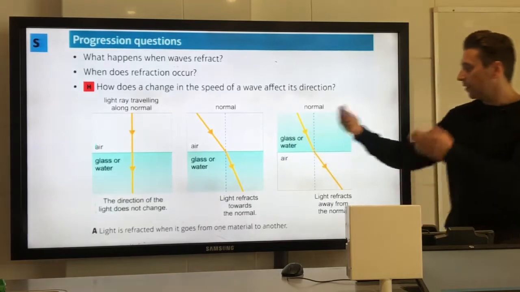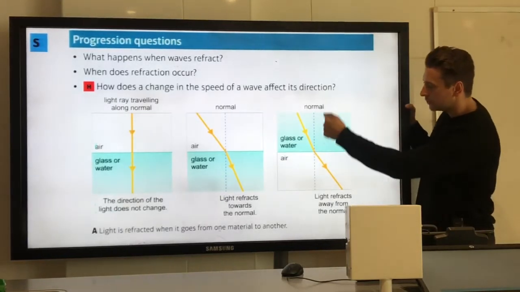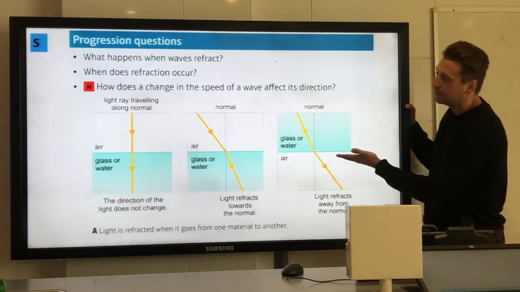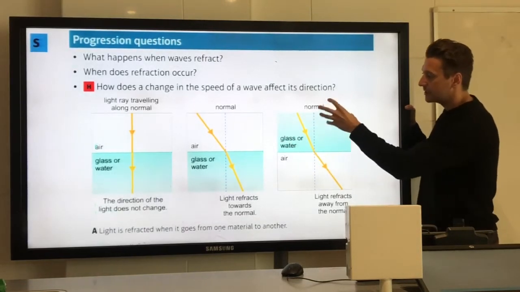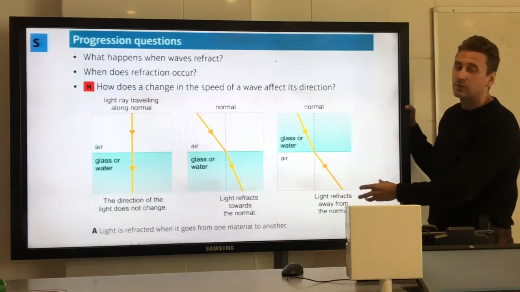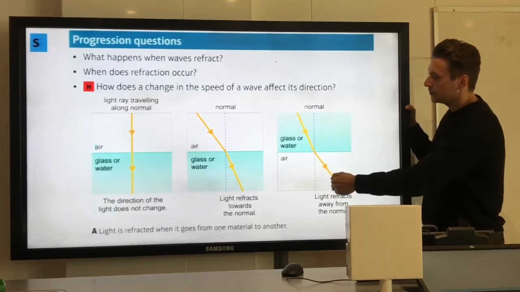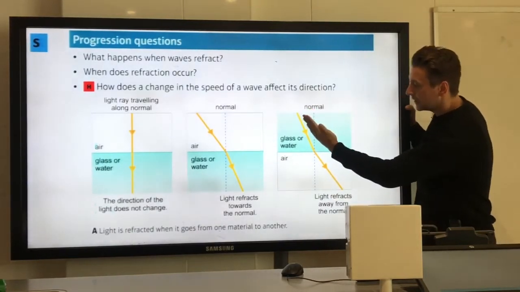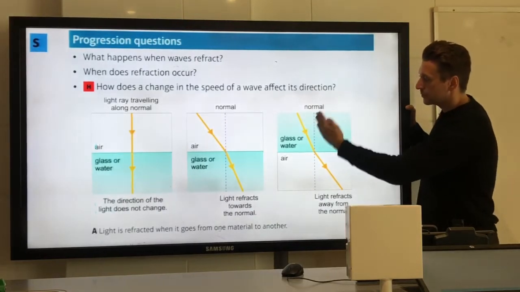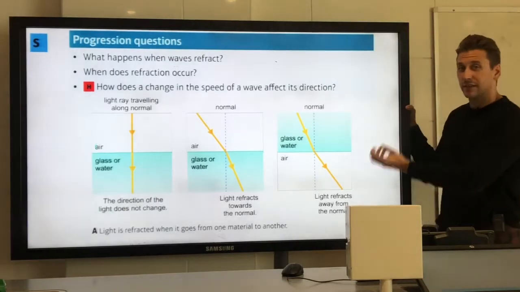All right? Alternatively, if we looked at this the other way around, here's the normal line again, and you've got your water to air boundary or your glass to air boundary, which in this case is glass, so light is traveling in glass and it's going to move to air. The boundary is horizontal, that means the normal line is vertical as it's 90 degrees to the boundary. The light is coming in at an angle to the normal, not along the normal, so we know it will change its direction.